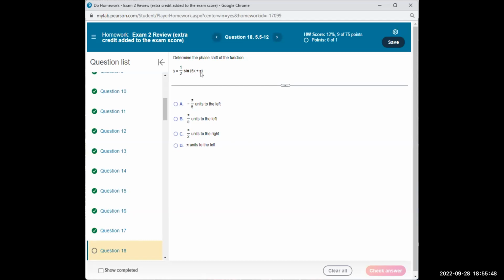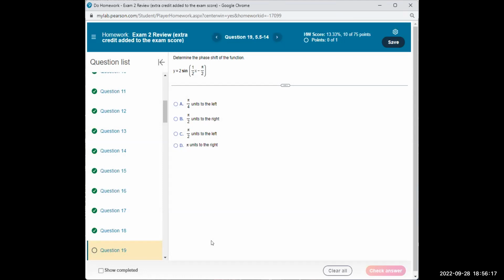So you're going to take negative pi over 5. And when it's negative like that, that means it's going to the left. So whenever this is positive, you shift to the left. And whenever this sign here would be negative, you shift to the right. So since it's positive, we're going to do pi over 5 to the left.